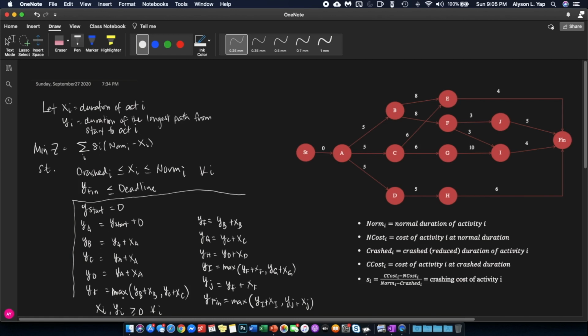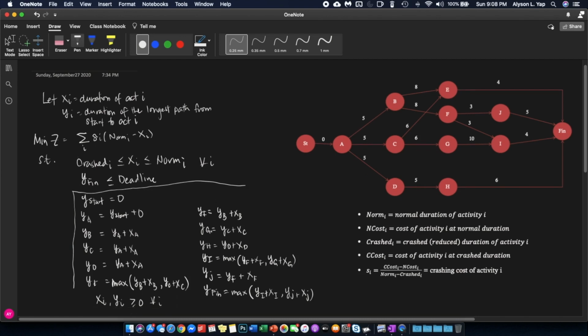That's why we have the maximum function. It is equal to the biggest between the one coming from B, that's why you have your y sub B plus x sub B, and the one coming from C, that's why you have your y sub C plus x sub C. We will leave this as it is for now, and we will deal with this later.